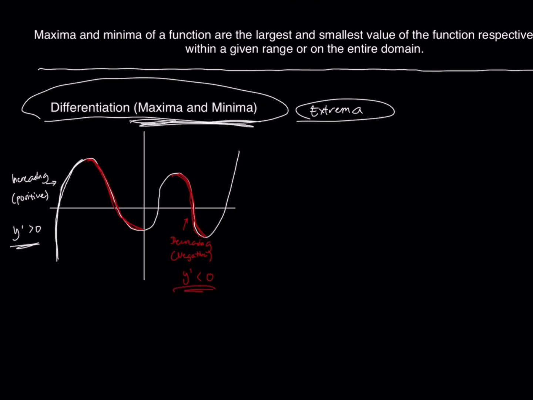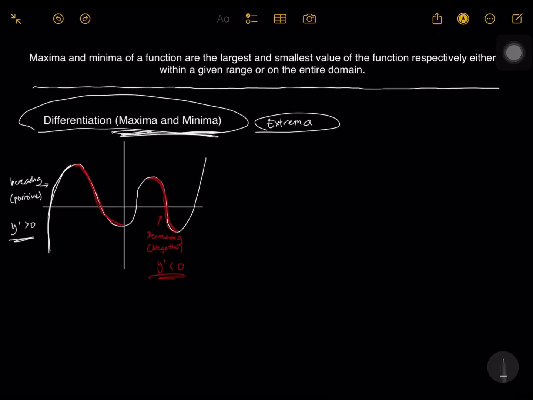But what about the point that switches from positive to negative or negative to positive? Right about the top of the curve here, or the bottom of the curve here, if we put a tangent line on this, it would be a horizontal line.